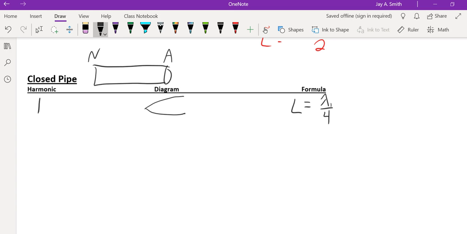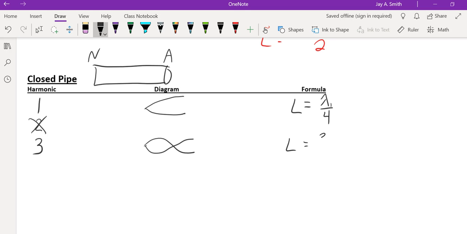Now, the next mode of vibration is not the second harmonic, which would be twice the frequency, half the wavelength. The next one is actually the third harmonic. And it looks like this. It's a quarter on the right in this case and a half, so that would be 3/4.